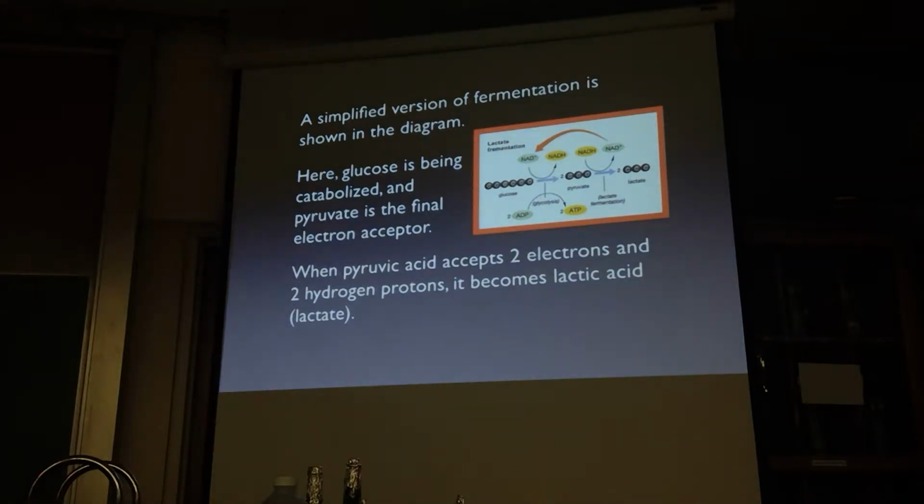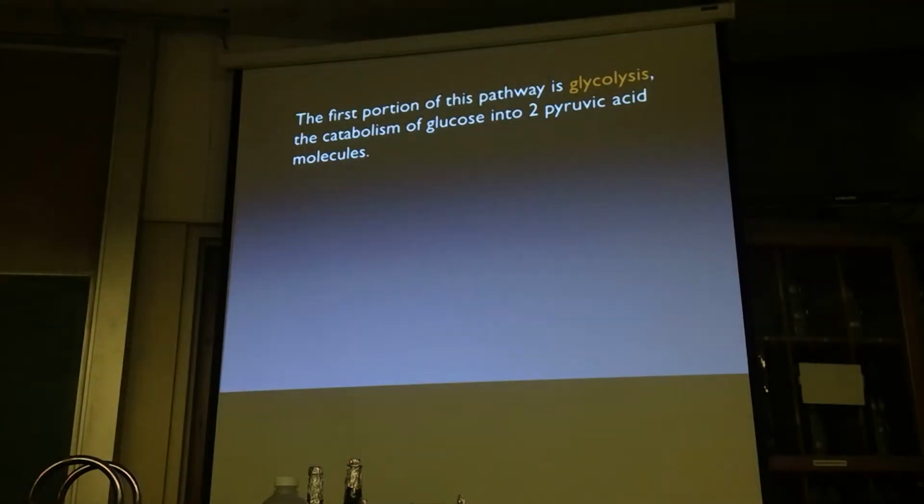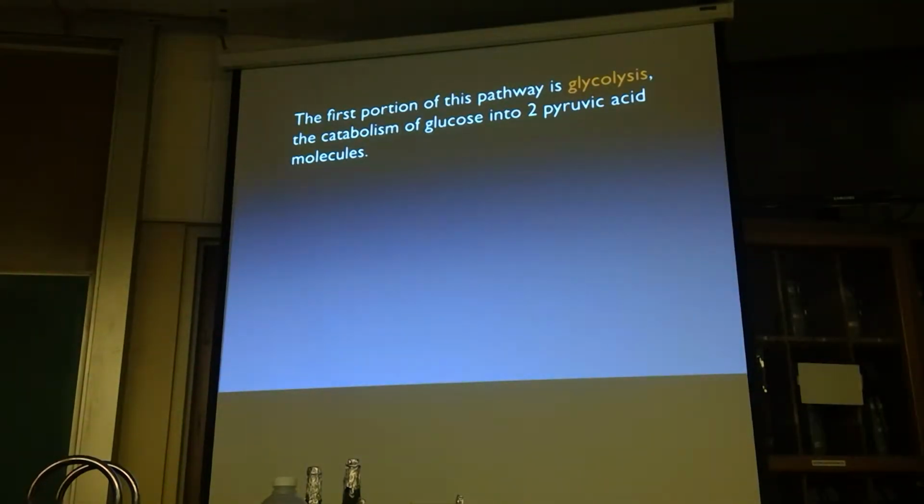This is saying the same thing. Pyruvic acid accepts 2 electrons, 2 hydrogen protons. It's going to become lactic acid, which in the diagram is lactate because it fits. It's easier to put it in there. The first portion of the pathway is glycolysis. In lecture, we're going to talk about glycolysis in a great deal more detail. Glycolysis is the catabolism of glucose to form 2 molecules of pyruvic acid.